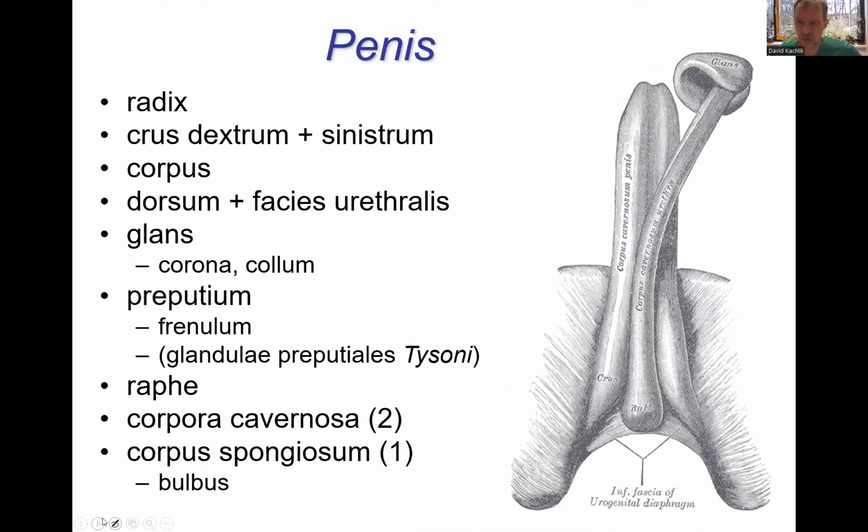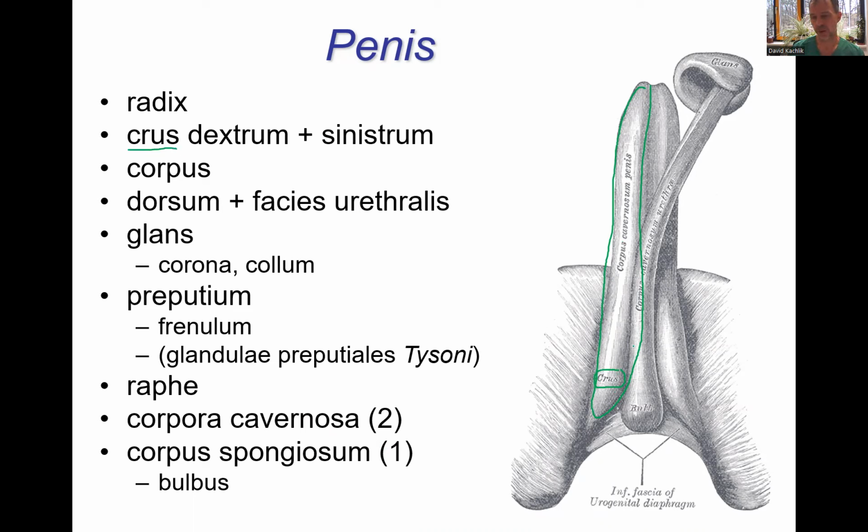So we have talked about the male urethra, and now we continue into the penis. The penis is an erectile copulation organ composed of several parts, composed of three cavernous or erectile bodies. Two are cavernous bodies, they are paired. The part which is grown together with the phallic crest of the inferior ramus of the pubic bone is called crus.